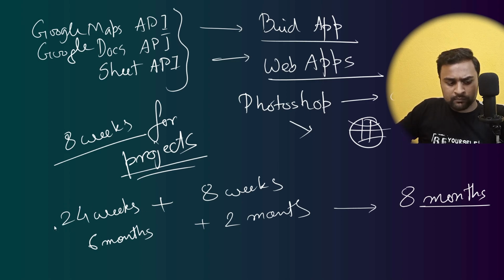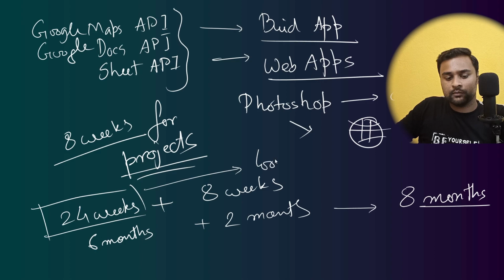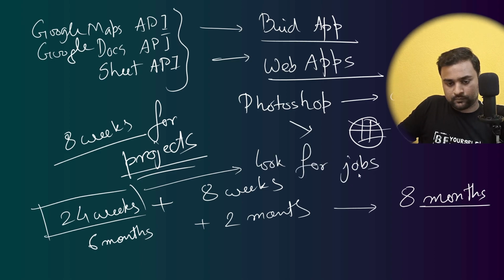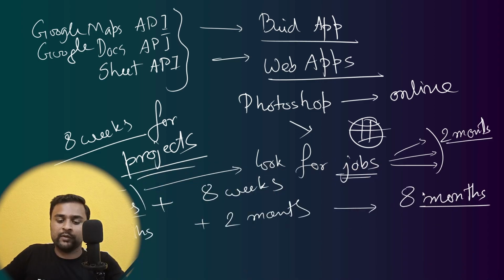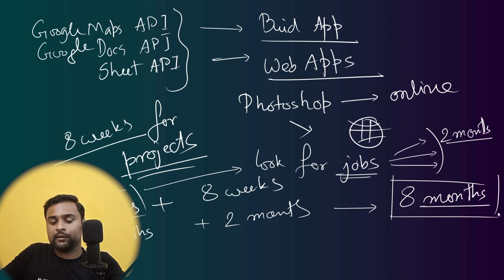And once you complete these 24 weeks, then I would suggest looking for a job, because a recruiter will reach out to you and you also want to reach out to recruiters, so it will take around 2 months. So around 8 months is the final timeline that you may require.